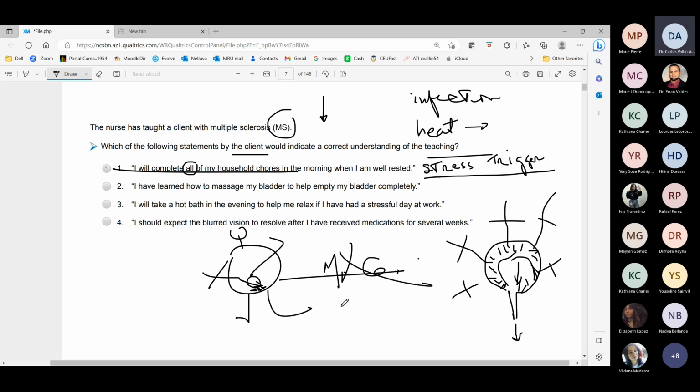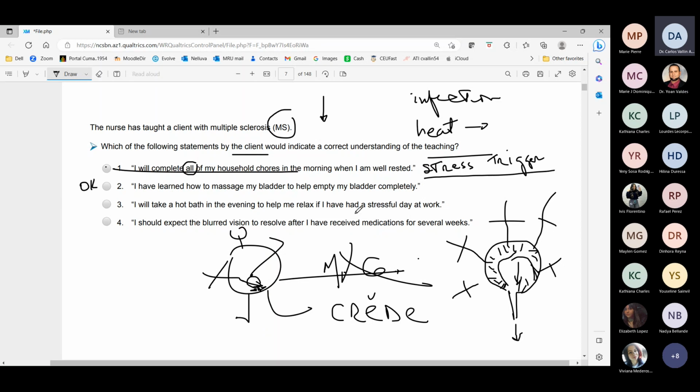And by the way, this maneuver was described by a guy, last name Crede, the Crede maneuver, and it is okay. That is a trick that a person with neurogenic bladder can do to help empty the bladder. So it is okay, and it even has a name, Crede maneuver.